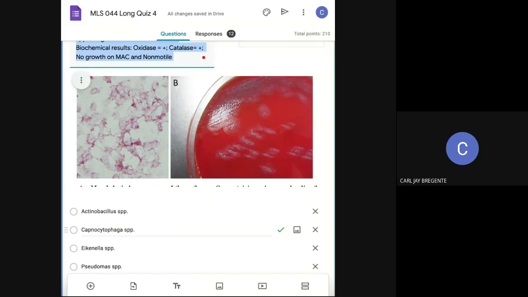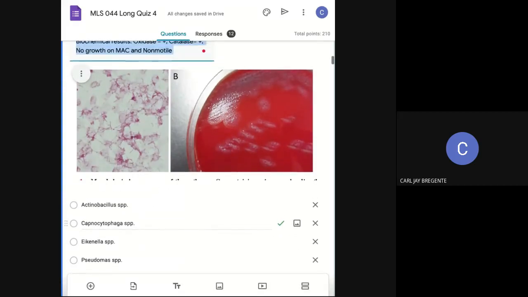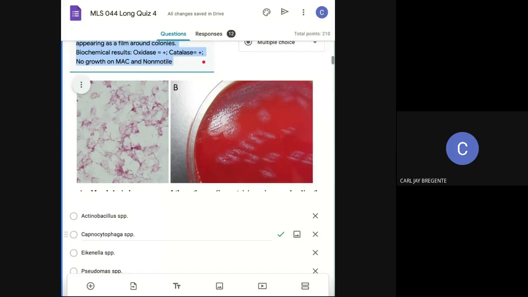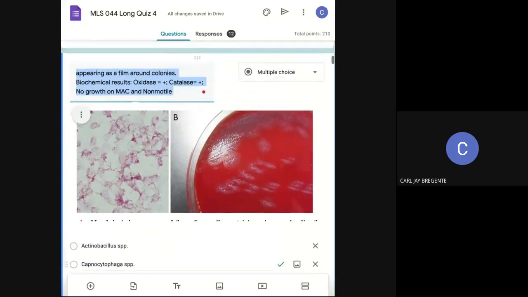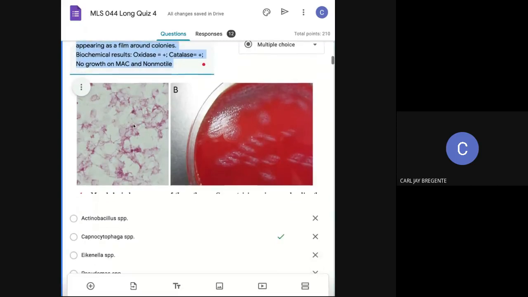So mga dog bite wounds, Capnocytophaga class, particularly your Capnocytophaga canimorsus organism or species, is associated with infection resulting from dog bites. Again, basta mga dog bites, it's Capnocytophaga. So, you have their mga additional na mga biochemical tests.